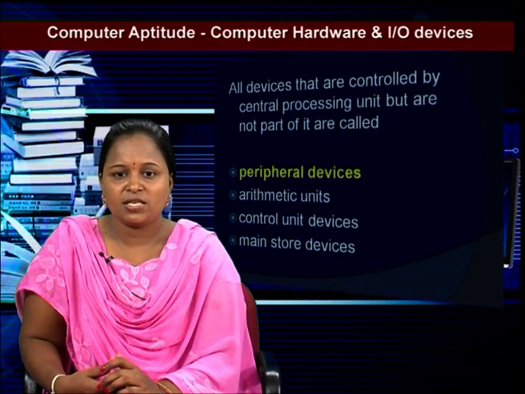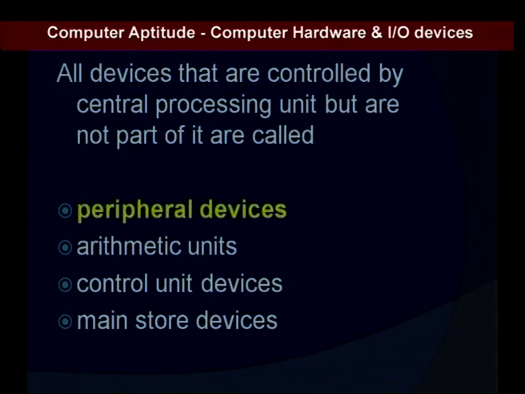Next, all devices that are controlled by the central processing unit but are not a part of it are called peripheral devices. Here, they are controlled by the central processing unit, right. CPU means central processing unit, and the CPU is the heart of the computer.